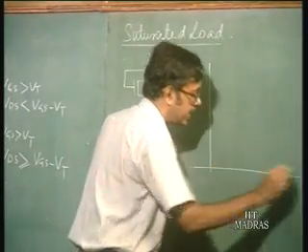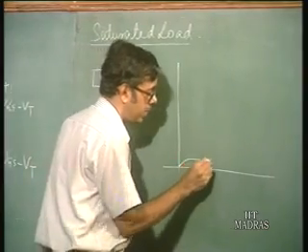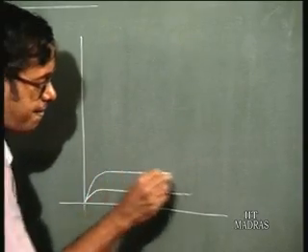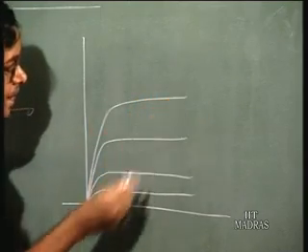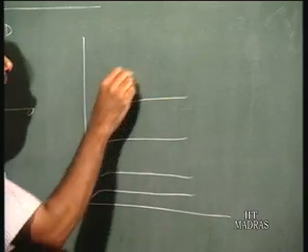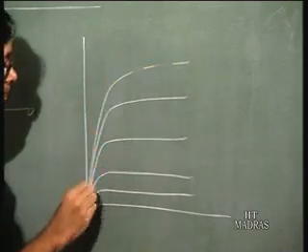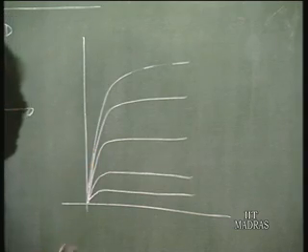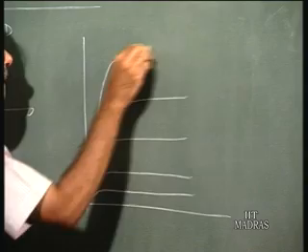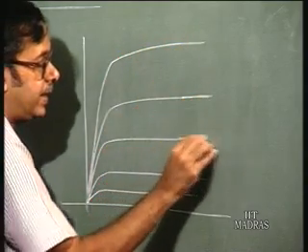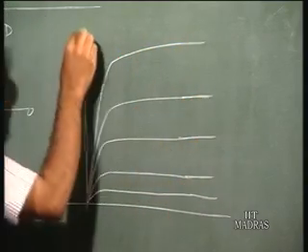Again we follow the same procedure. We draw the output characteristics of the MOS transistor. I think that's enough. And then we have to draw the load line.